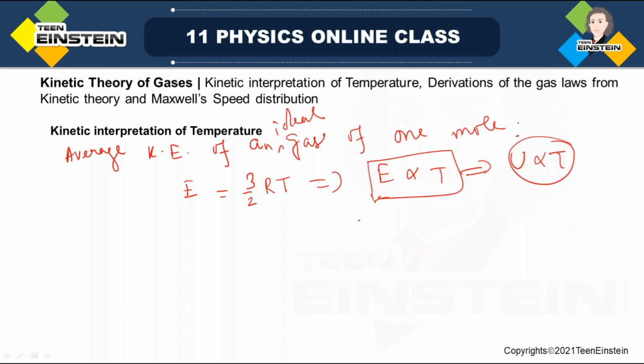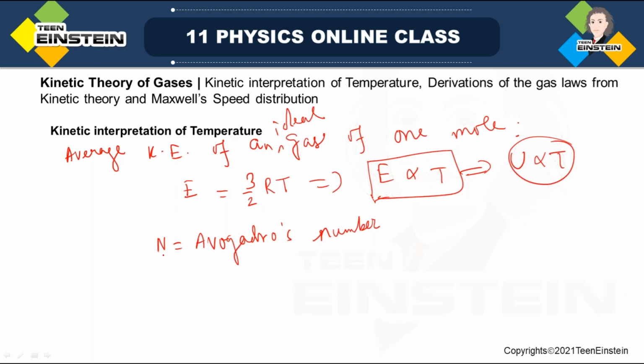Now, N is the Avogadro number. This is actually for 1 mole.